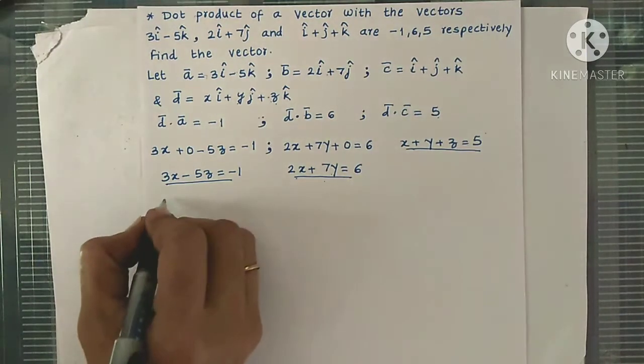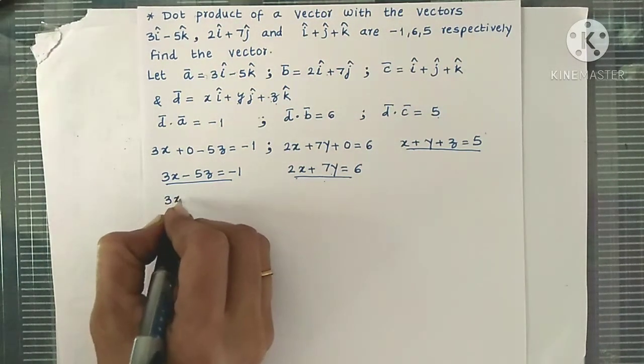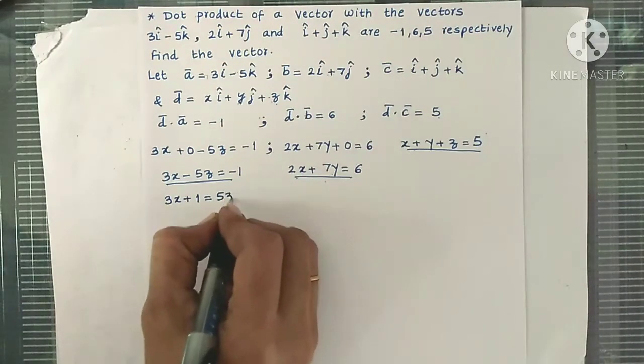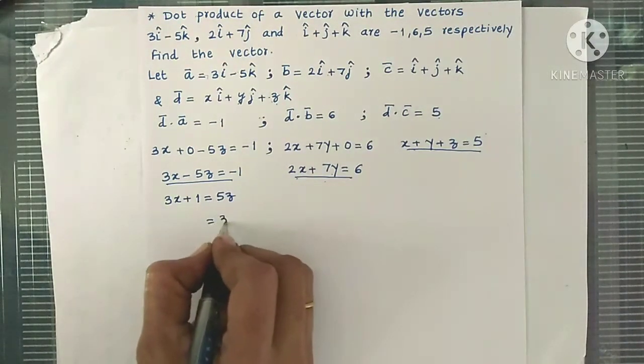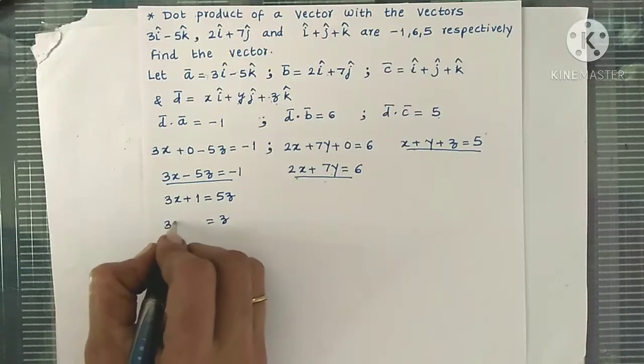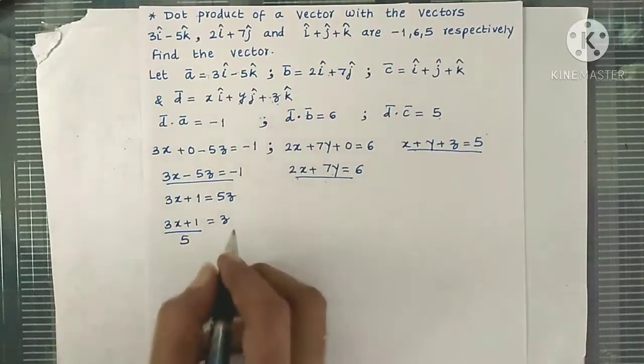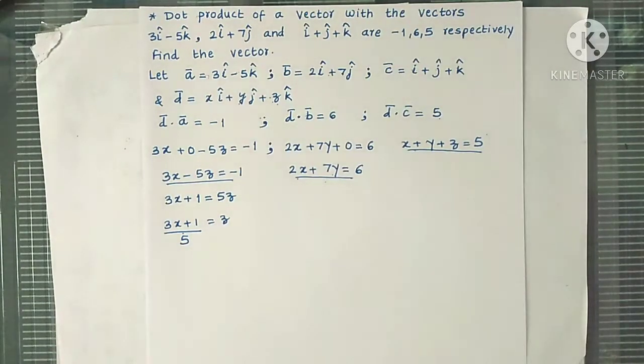How to write that? Let's write this as 3x plus 1 equal to 5z. Here we are writing z in terms of x, so for that we have to divide the equation by 5. So now z is in terms of x: 3x plus 1 by 5.